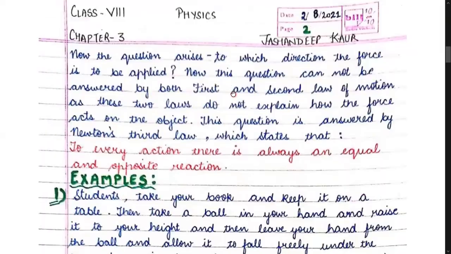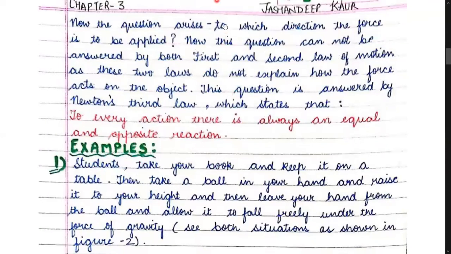So children, this question cannot be answered by both the laws which we have studied, that is Newton's first law and Newton's second law of motion. These two laws do not explain how the force acts on the body. While this question is answered by third law of motion, Newton's third law of motion.